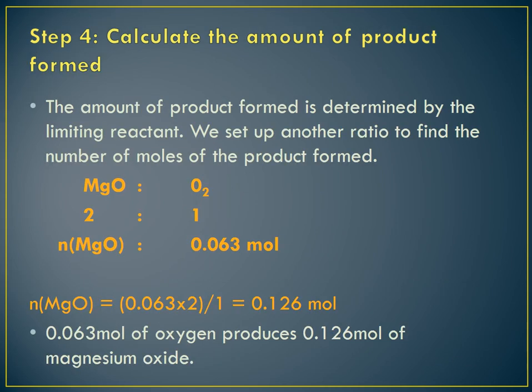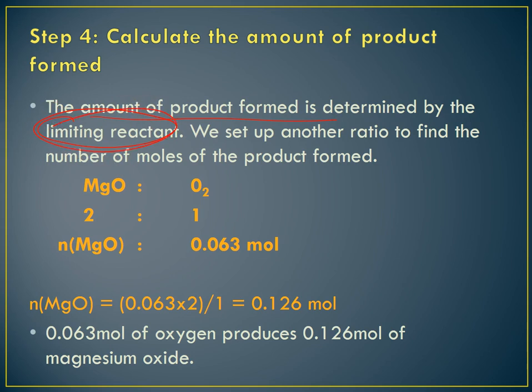Okay, so we've now worked out which was limiting, which was excess, and by how much the excess reagent was in excess. The last bit of our question said find out the mass of the product that was formed. Anytime we want to find out the amount of product formed, we have to use the limiting reactant, because this is the one that's going to run out first.